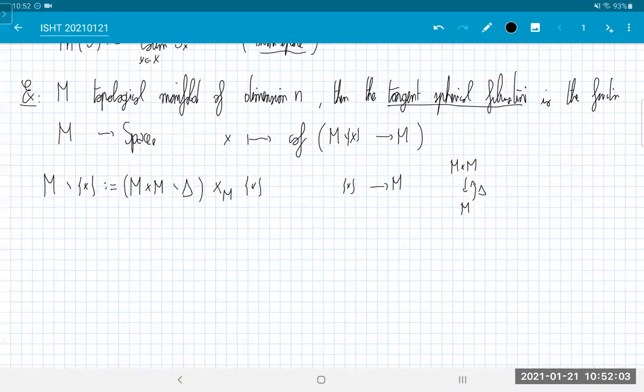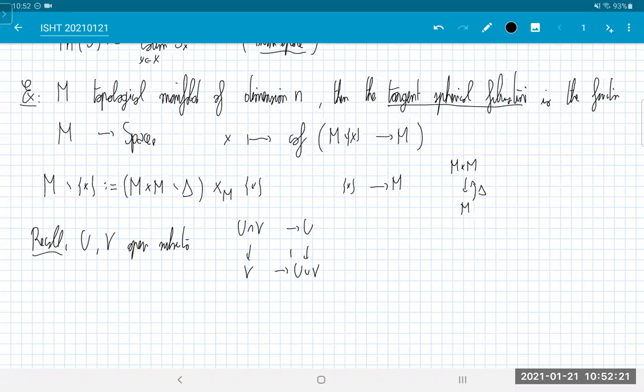But remember that when you had open coverings, this gives you homotopy pushouts. This we discussed last time. So recall the open subsets. You have this guy is a homotopy pushout.